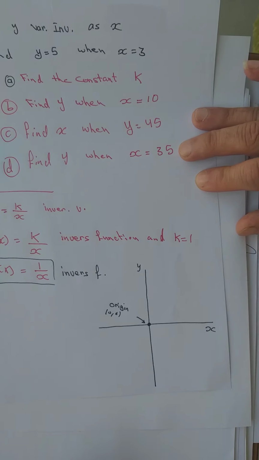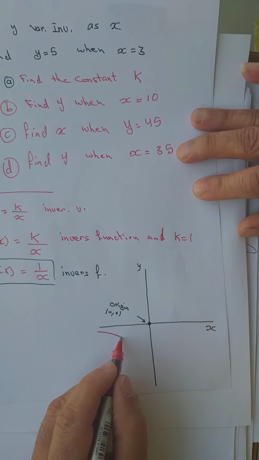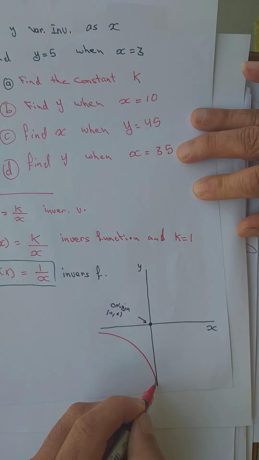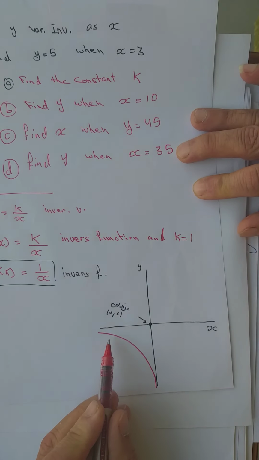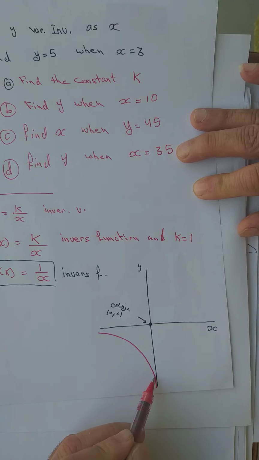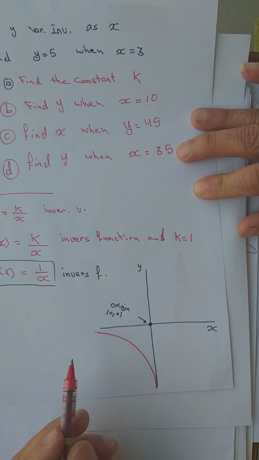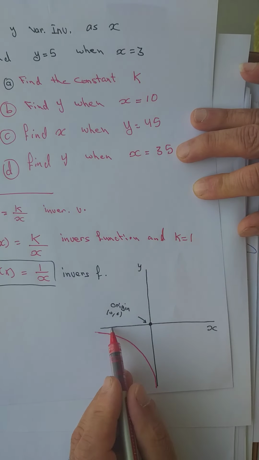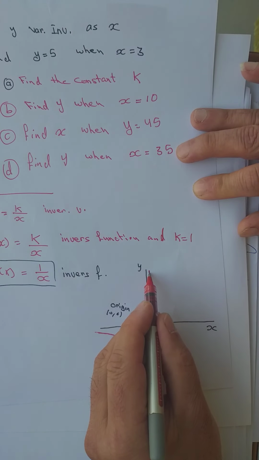The graph of inverse function is always this one. From left to right, it approaches the y-axis without touching. Look, without touching. It approaches the x-axis without touching. It never cuts the x-axis and never cuts the y-axis.